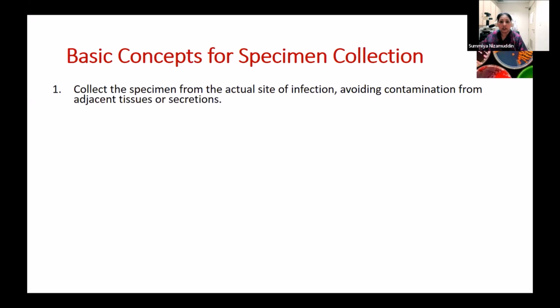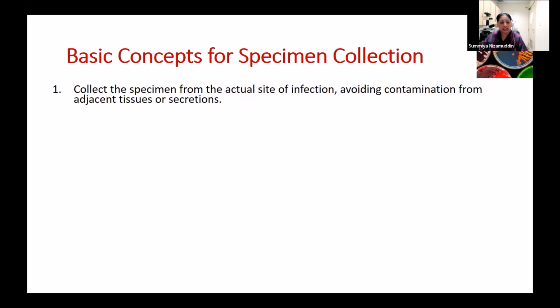So you have to ensure that the sample is taken from the actual site of infection, and you have to ensure that the site is properly cleaned before samples are taken, because we wouldn't want the sample to get contaminated with any surrounding contaminating or normal flora.